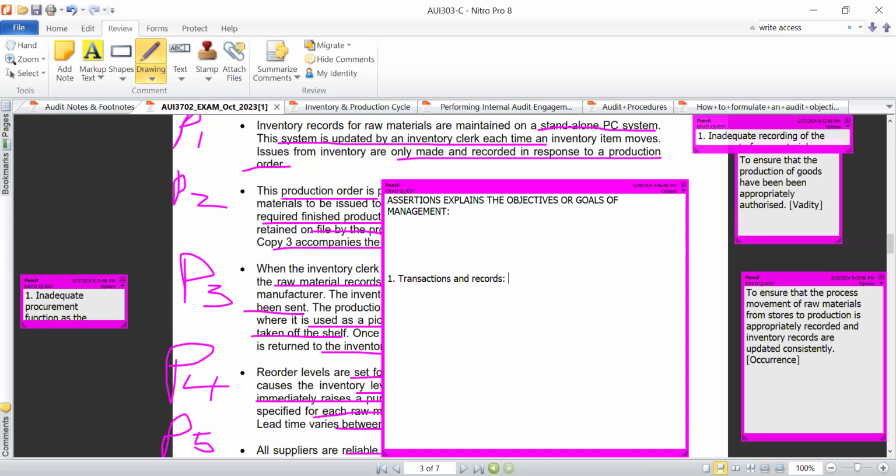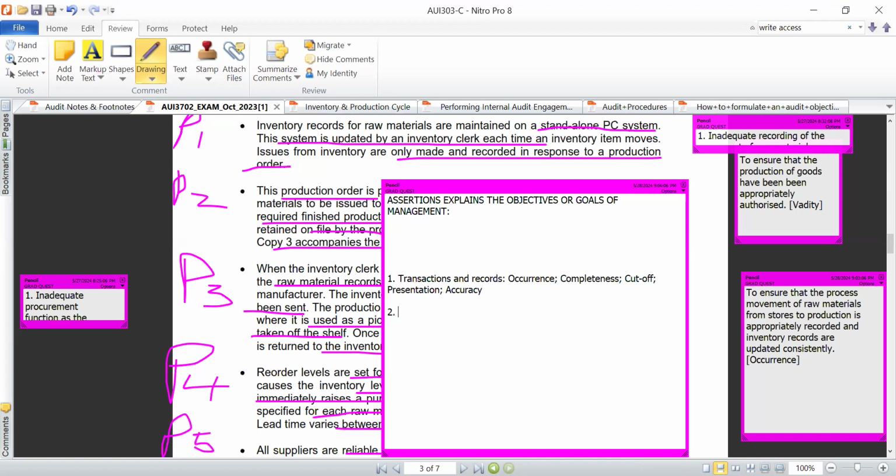They expect that the transactions and the records they are maintaining indeed relate to something that has occurred. That's occurrence. They expect that the transactions and records they have in place are complete. That's completeness. They expect that the transactions and records relate to a specific accounting period. That's cut off. And that they are correctly presented in the financial statements. That's presentation. They also expect that the information captured is accurate, and that's where accuracy comes in.